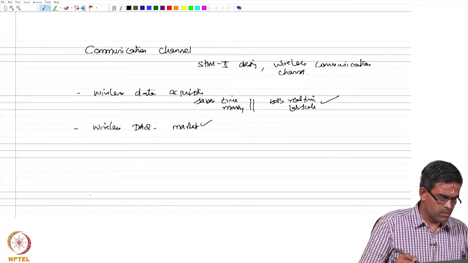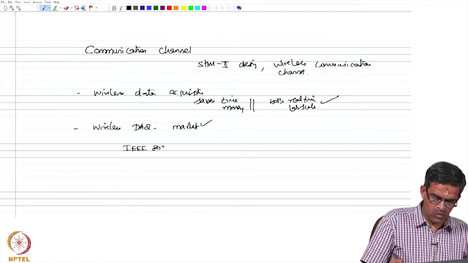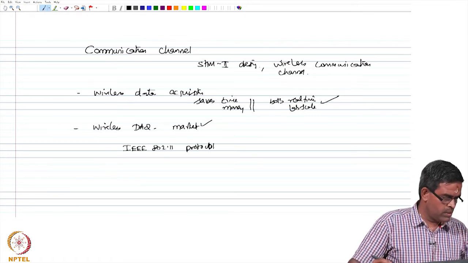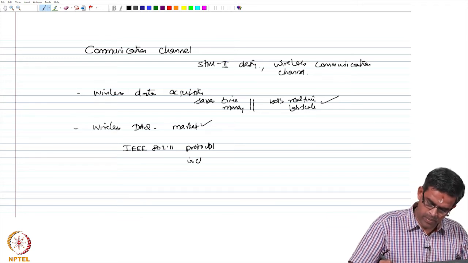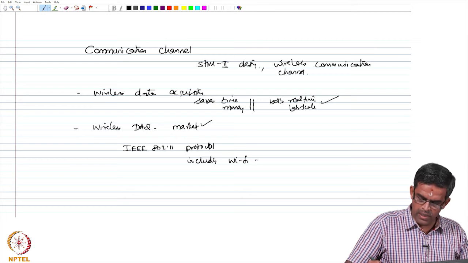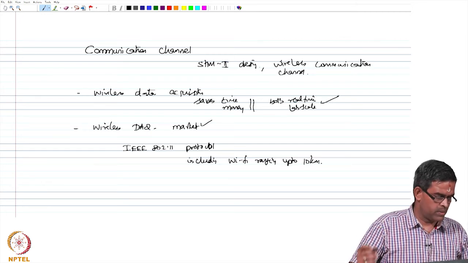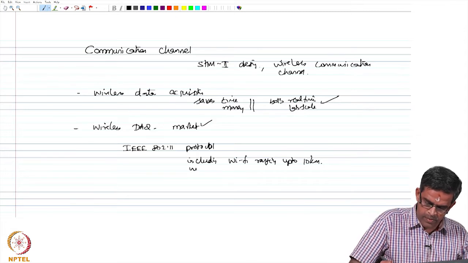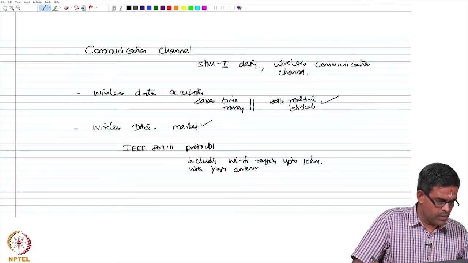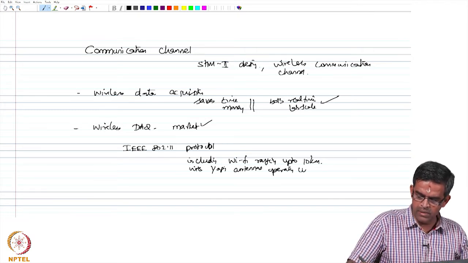Some of them are the IEEE 802.11 protocol, including Wi-Fi, ranging up to 10 kilometers with Yagi antennas operating under ideal condition.